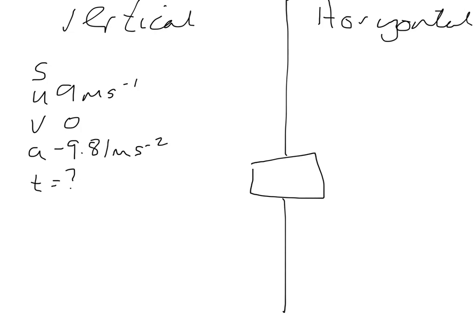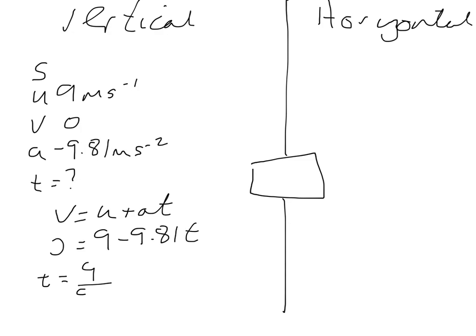So we can find time from this information by using v equals u plus at, and substituting into that, we've got 0 is equal to 9 plus minus 9.81 times t, so minus 9.81t. If we rearrange that, we have t is equal to 9 divided by 9.81, which gives us an answer of 0.92 seconds.